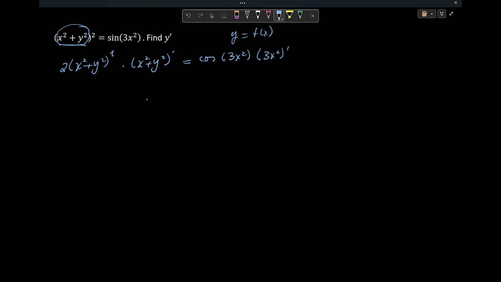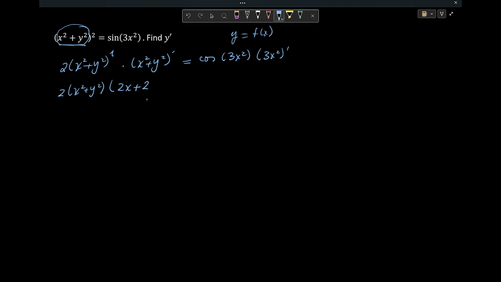Now let's go to the left again. 2 (x squared plus y squared) to the 1 power. Now I take the derivative of x squared plus y squared. The derivative of x squared is 2x. That's simple, plus derivative of y squared. Remember now, y is a function of x. Think of it as u. So we need to use also the power rule.